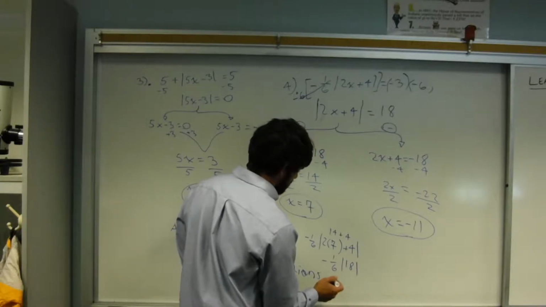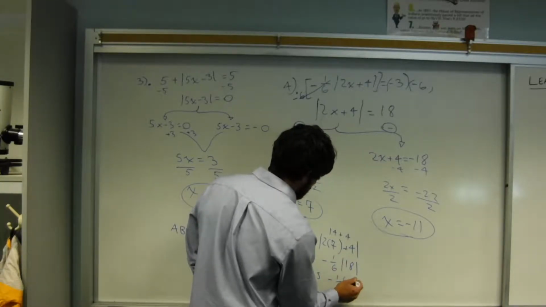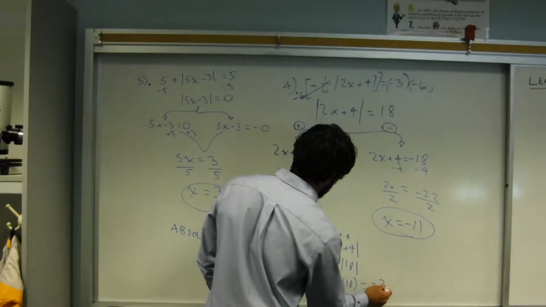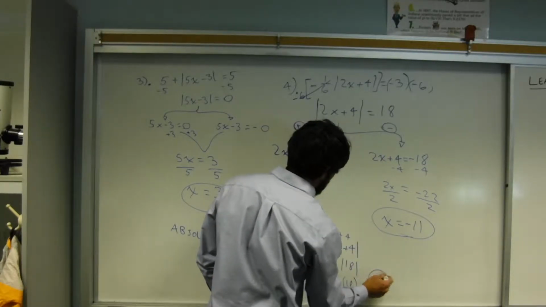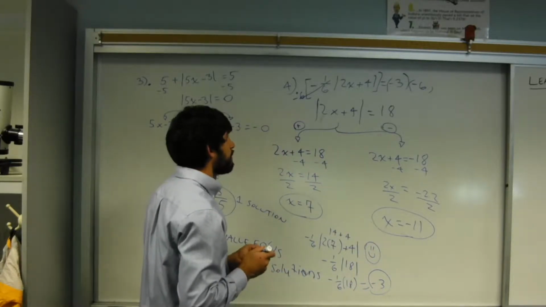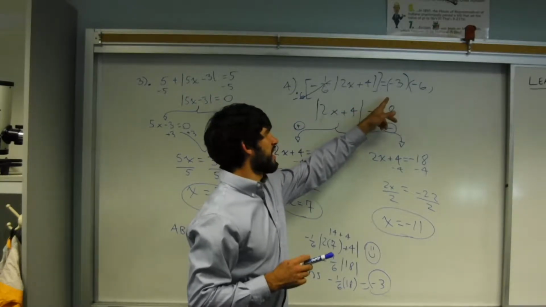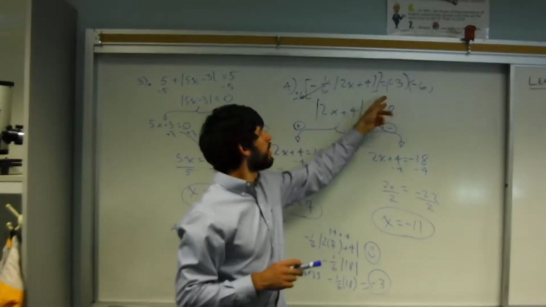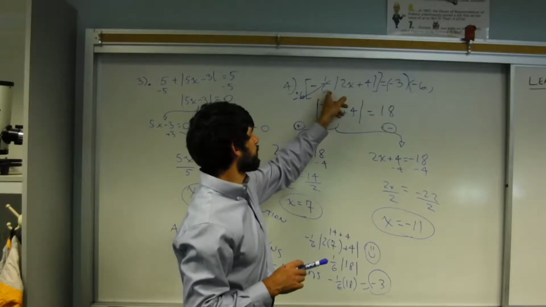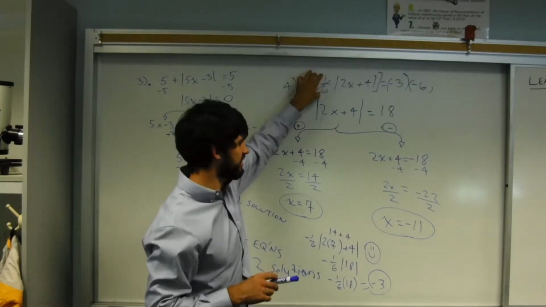Absolute value of 18 is 18. So negative 1/6 times 18 is equal to negative 3, which satisfies our original equation. So notice again that it was okay in the start that our absolute value is equal to a negative number because we multiplied the whole of the absolute value by a negative fraction.